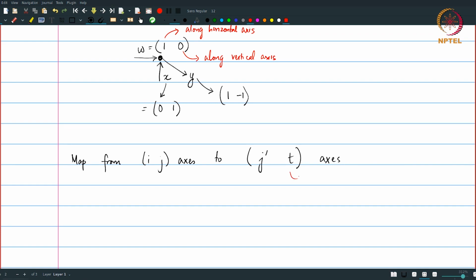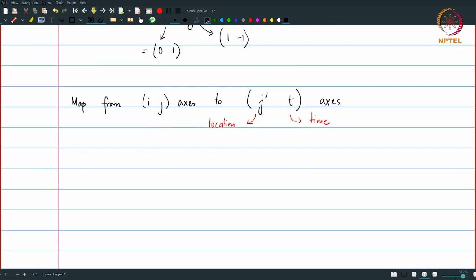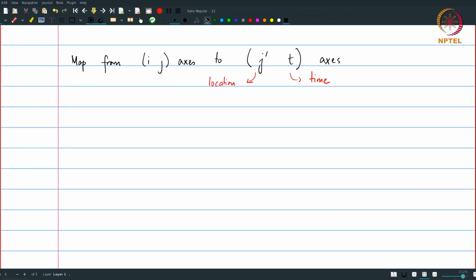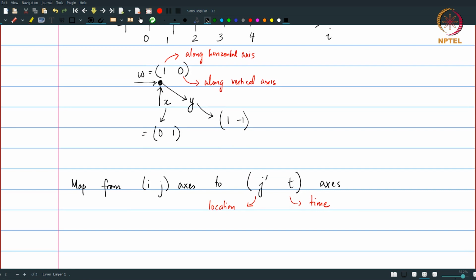Where this T will now be time and the J prime will correspond to location or a physical position of a particular computation. Okay, so let's take this same example through, and we will use this in order to illustrate exactly what we mean by saying that we are projecting from this two-dimensional ij axis to a one-dimensional j prime axis and a one-dimensional time axis.